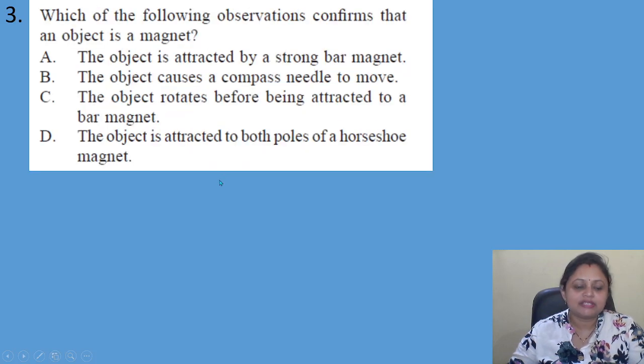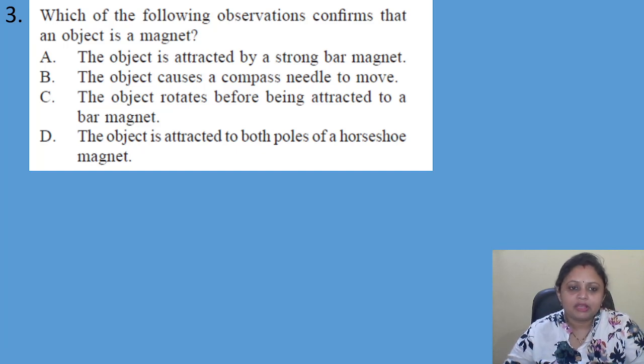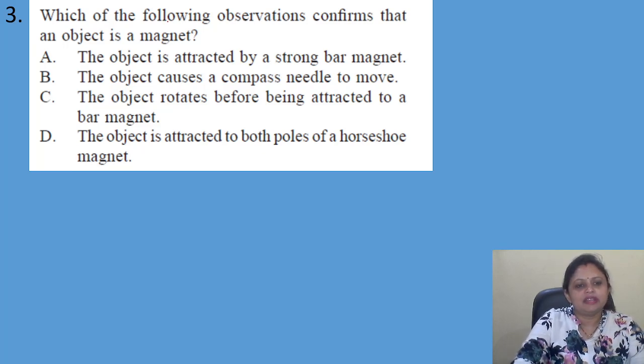Coming to the next question. Which of the following observations confirms that an object is a magnet? Option A. The object is attracted by a strong bar magnet. B. The object causes a compass needle to move. C. The object rotates before being attracted to a bar magnet. D. The object is attracted to both poles of a horseshoe magnet. So how do we know that an object is a magnet?